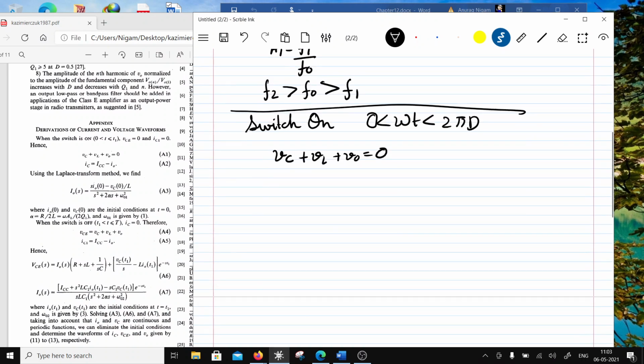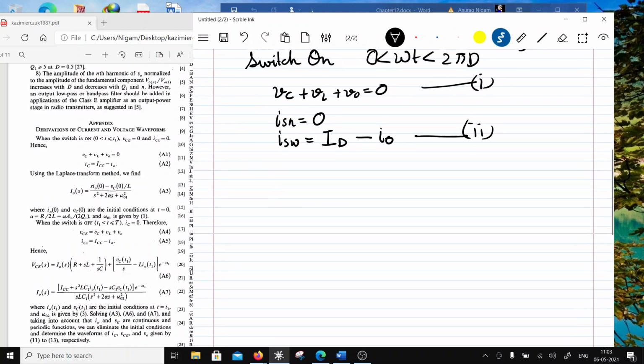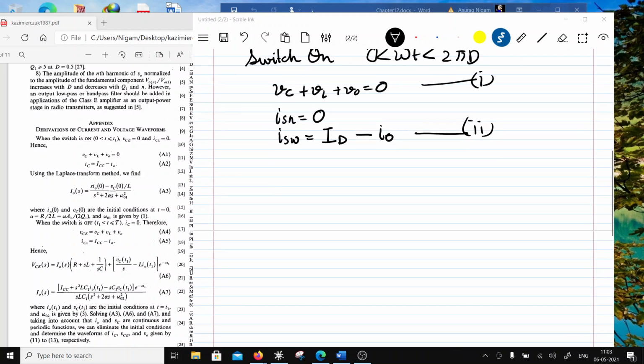So in this case ICSH is equal to 0, and ISW is going to be IDC minus IO, correct? So this is one equation, this is another equation, right? And then we can express these equations.